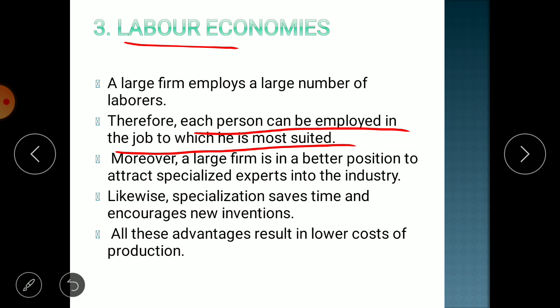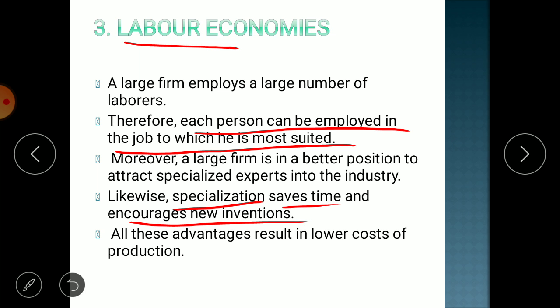All these advantages result in a lower cost of production. Because of specialization, why? Because we have employed the persons who fit best to the job, they are specialized in their job, and as they are specialized, they will work faster as compared to a non-specialized person. So there is a saving of time, and secondly, it will encourage new inventions.